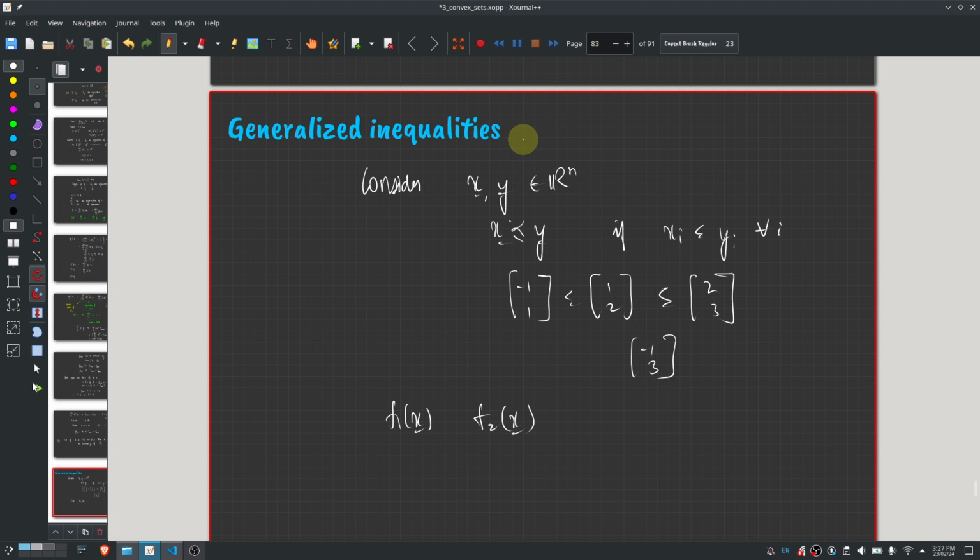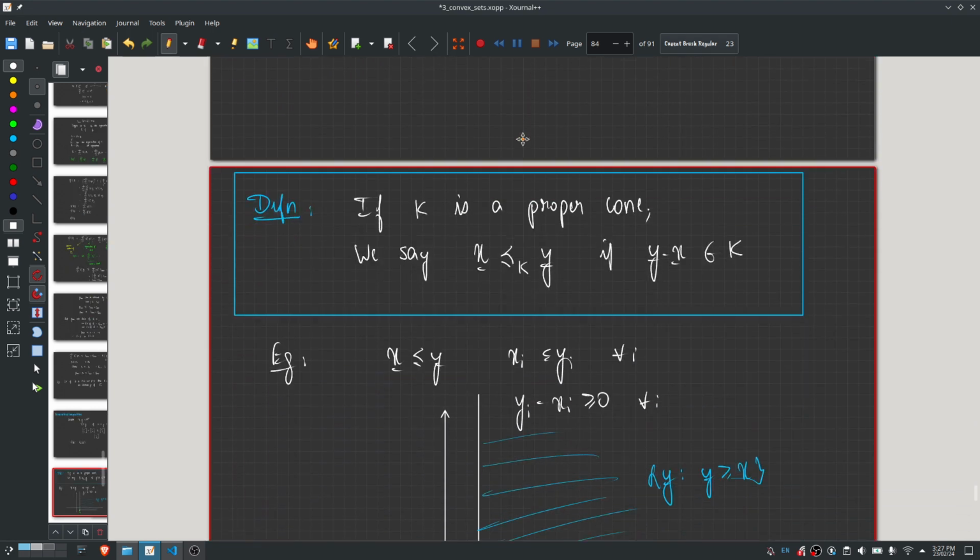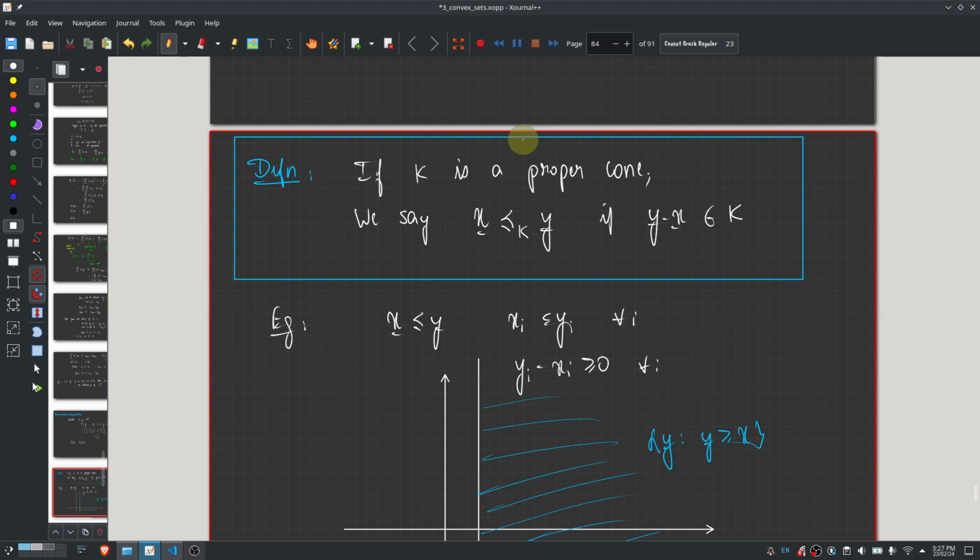Obviously not every two vectors are comparable, but you can definitely compare some set of vectors. So if K is a proper cone, then we define the corresponding generalized inequality as follows. We say that vector x is less than or equal to vector y under the generalized inequality corresponding to the proper cone K if y minus x belongs to the proper cone.